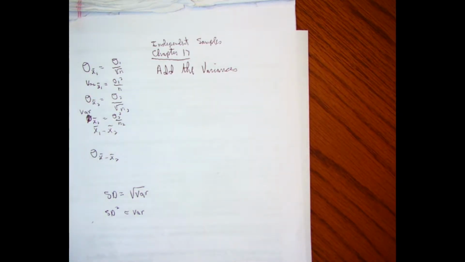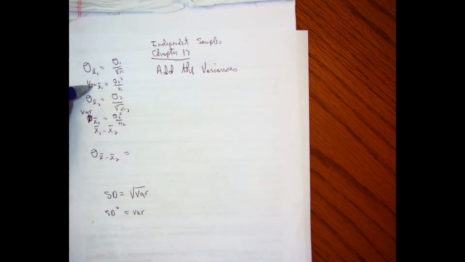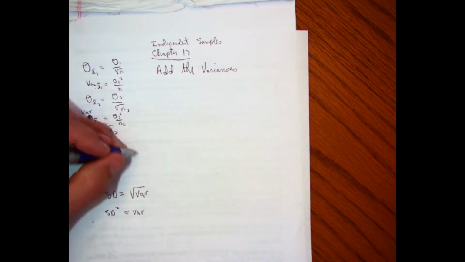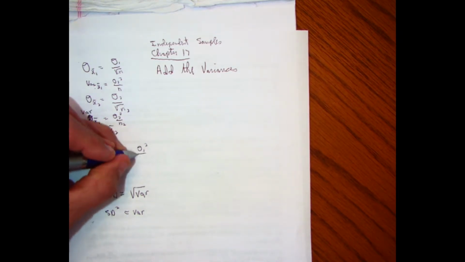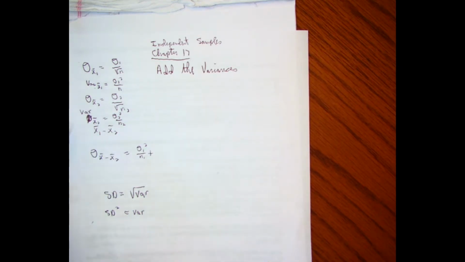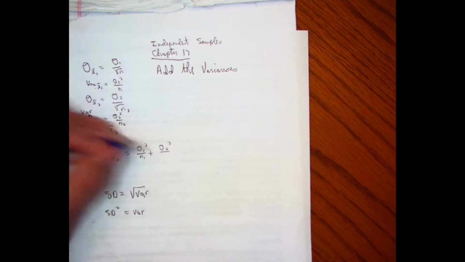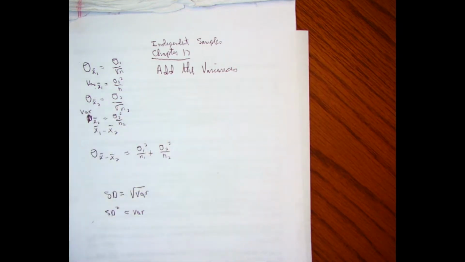So when we add these, we add the variance of x bar 1, which is sigma 1 squared over n1, plus the variance of x bar 2, which is sigma 2 squared over n2. Now, what I just got isn't the standard deviation, I got the variance.